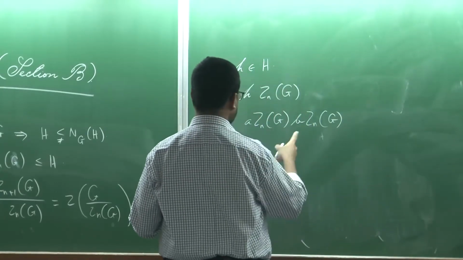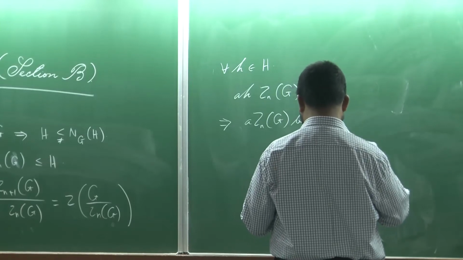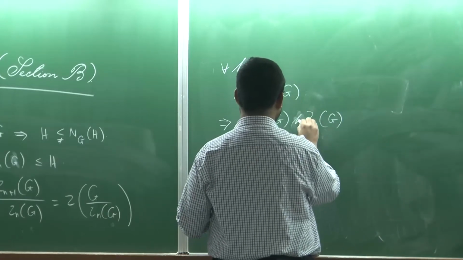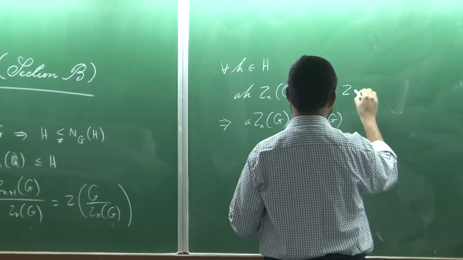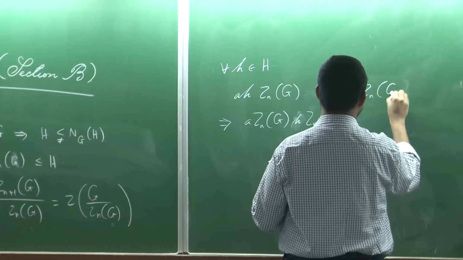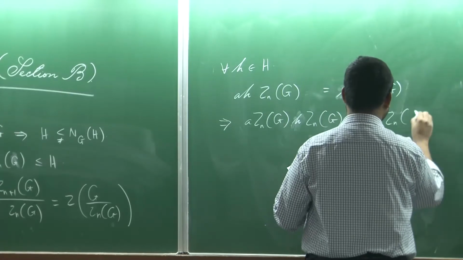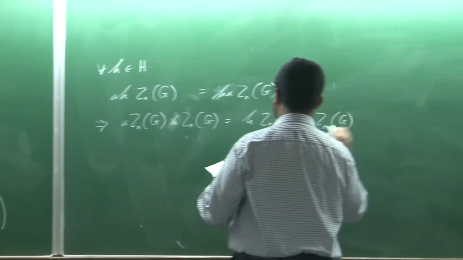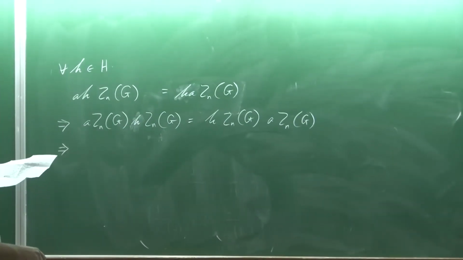This is what we have here, and on the other hand, this is nothing but AZ_nG. We must have this, and from that what do we obtain?